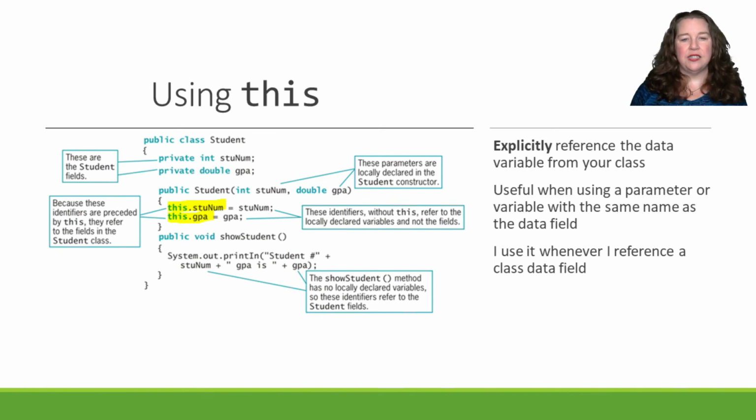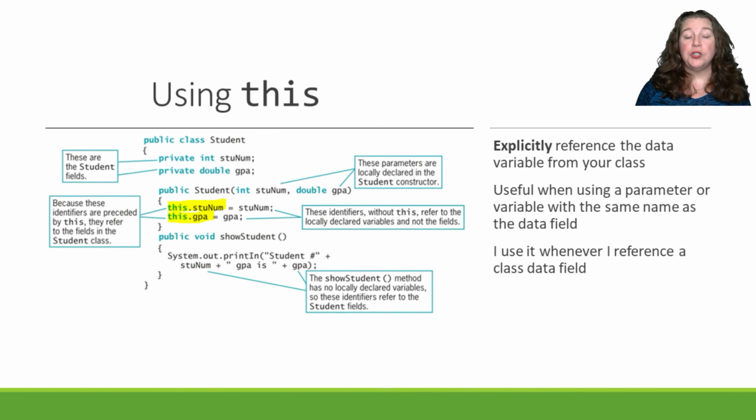This object has a GPA. This object has a name. Therefore, we refer to it as this dot, and then whatever the attribute is that we're referring to. In this specific case, we can do this dot student number equals, and then whatever our parameter is.